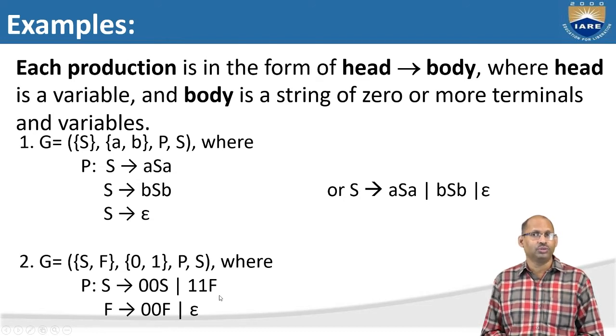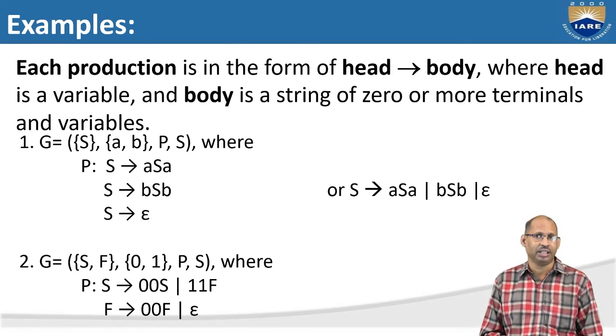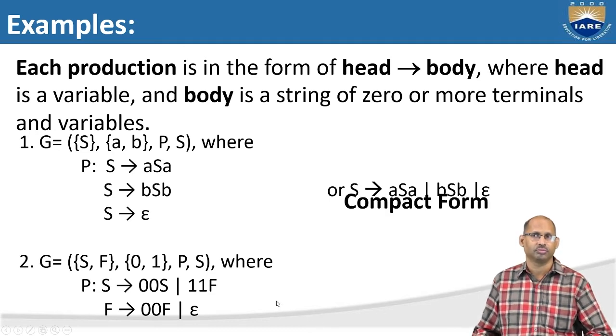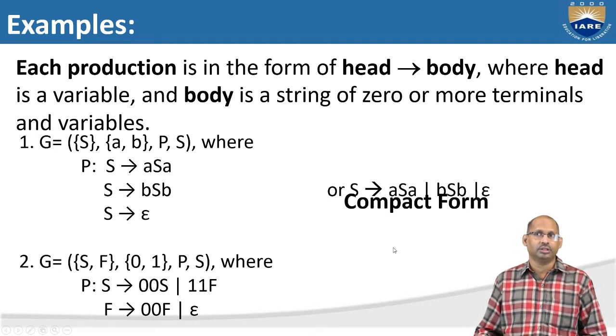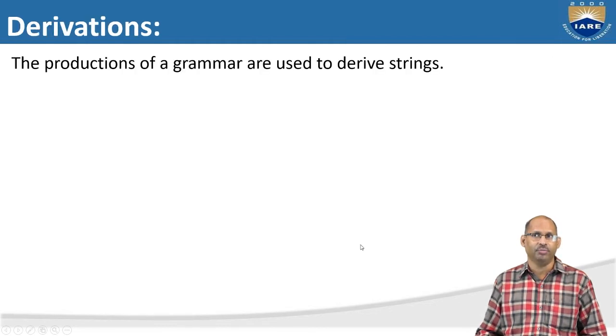Then F gives 00F | epsilon. Here S has 11F, so S and F are related. Then the productions are considered, right? All the variables in the grammar should connect with our starting variable. Otherwise, we say that variable is a useless variable and we remove its productions, right? So this is a compact form.